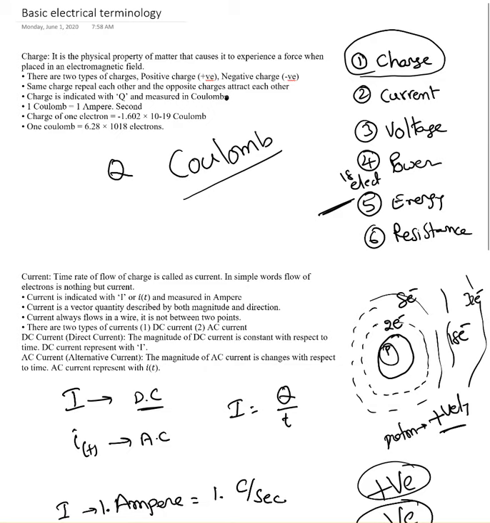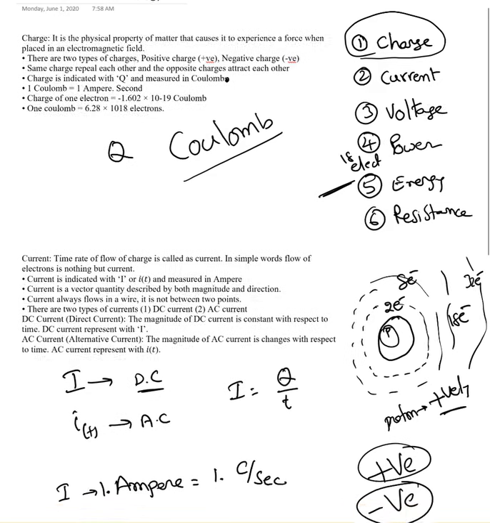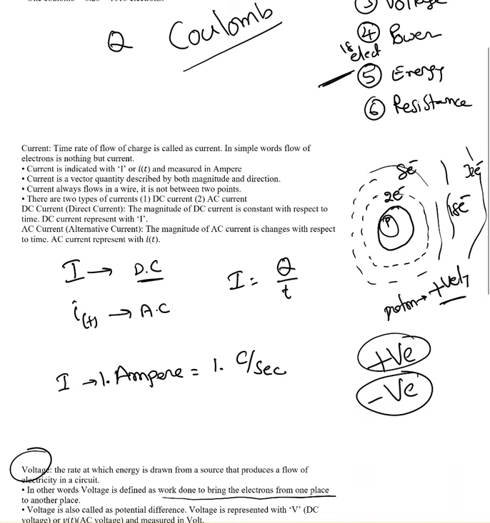That's about charge. Now, current is nothing but the flow of electrons in one direction. Electrons are always moving, they never sit still, but if they move in one direction, there is a displacement after some time.